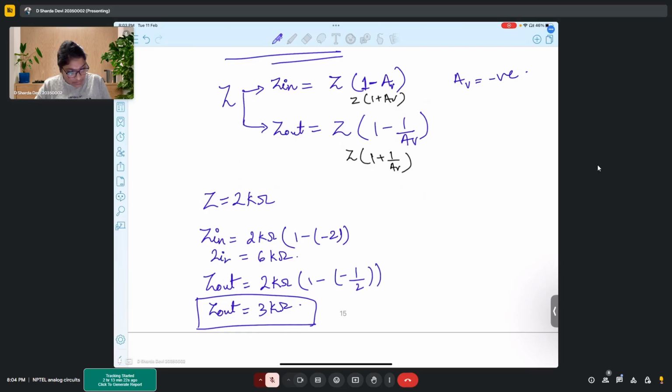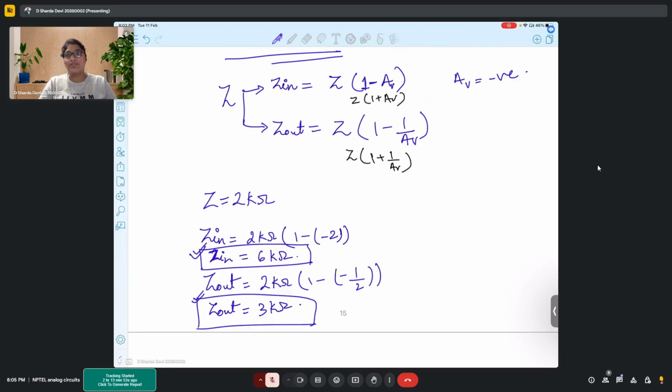And this is Zin. So you can clearly observe that when you have a component, be it a resistor or a capacitor, and it is shared between input and output ports, the effect of that particular component on the input is much higher compared to the output. You can clearly see, right? It is almost the gain times.